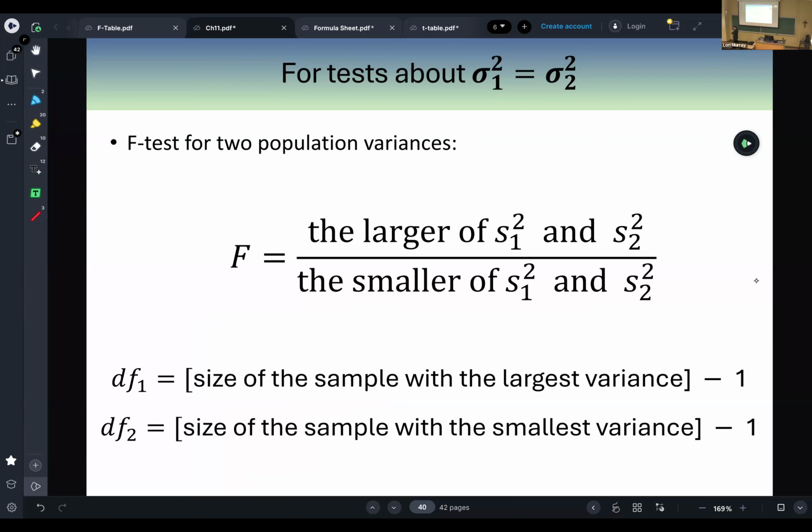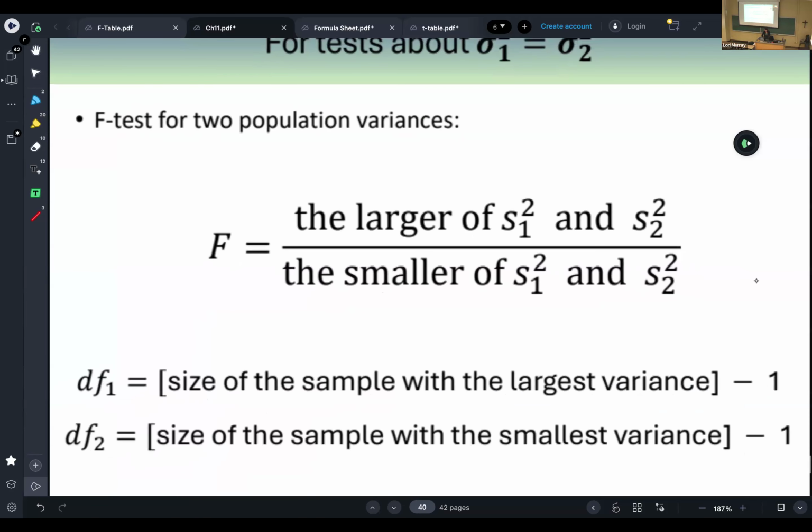I'll stop and just take the square root, because remember, we just said that the variances and the standard deviations are related. So the textbook has a different method than this. Use this one. It works every time, and it's so much more straightforward. You have your observed F value.